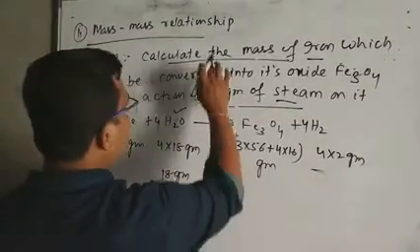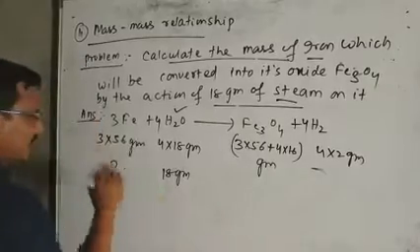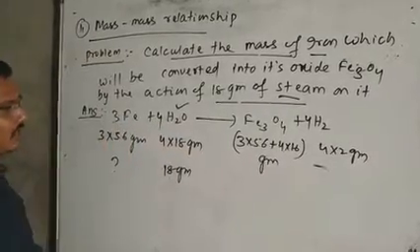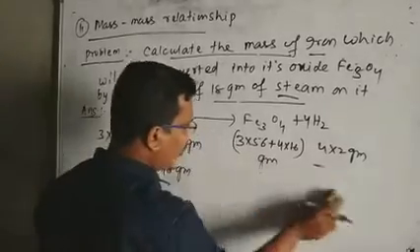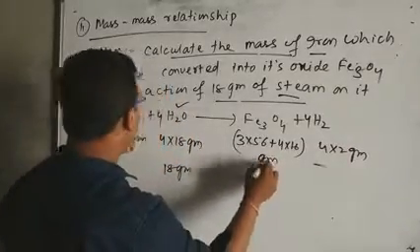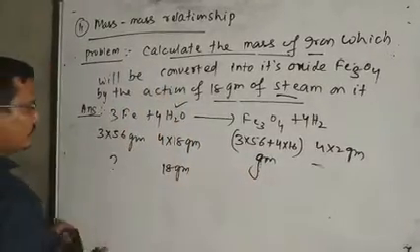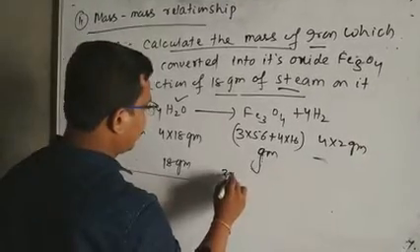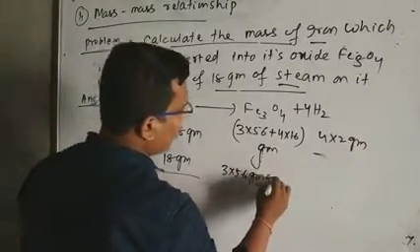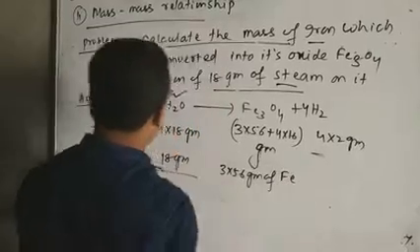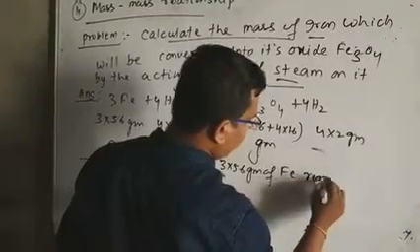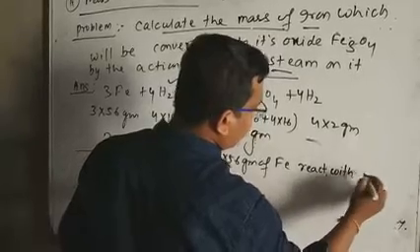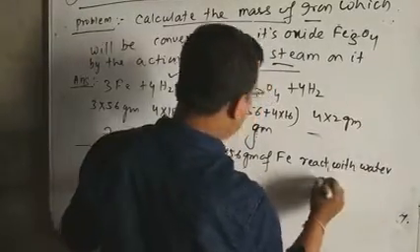Then you aim to find out the mass of iron. Question mark is here. That means this problem is related to water and iron. We do not need such type of values. We only need these two values. From the equation, it is clear that 3 into 56 gram of iron reacts with water equal to how much?